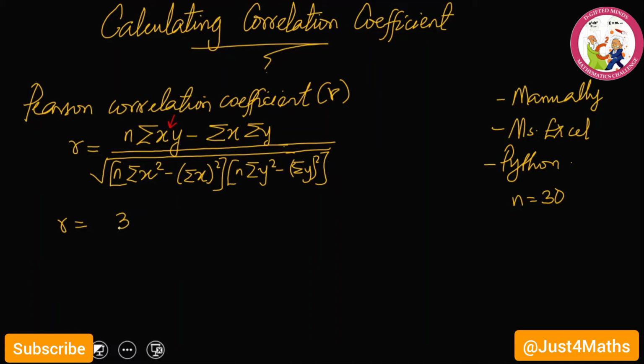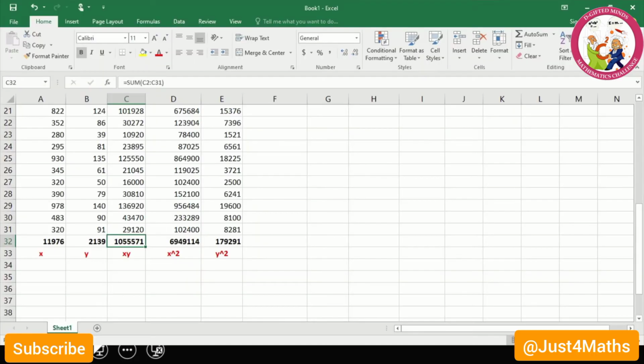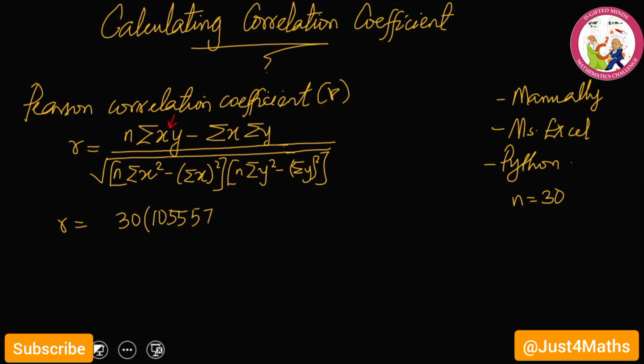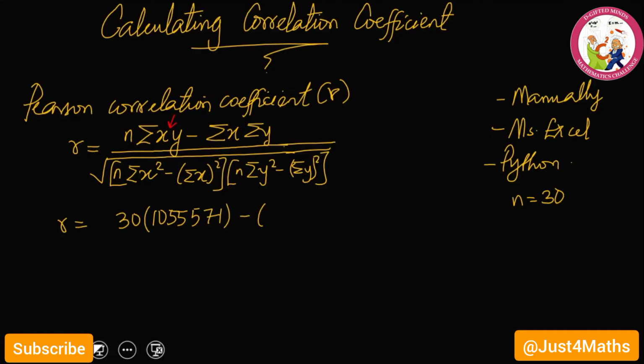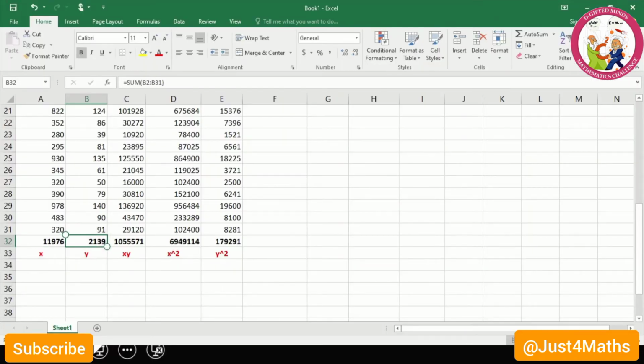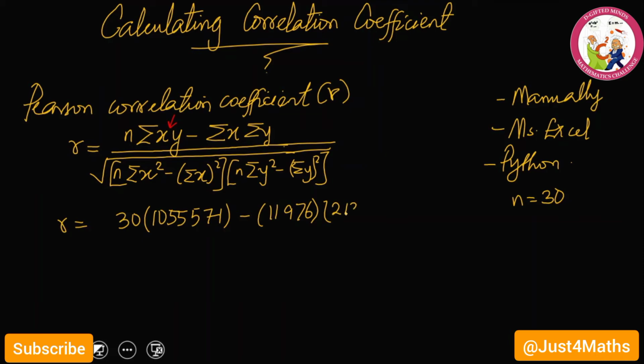This is going to be 30 times 1,055,571. So this is 30 times summation xy minus summation x. The value of summation x is 11,976. Then we substitute the value of summation y, which is 2,139. We're done with the numerator.